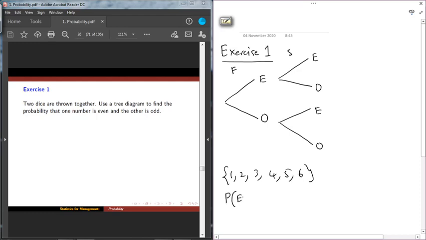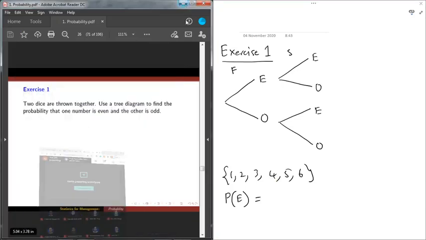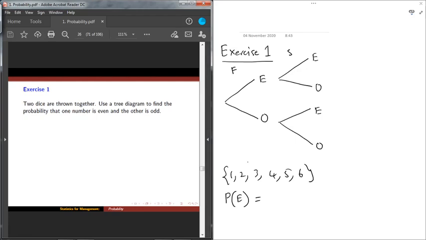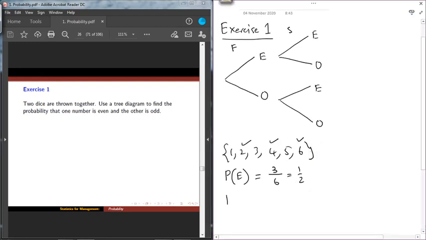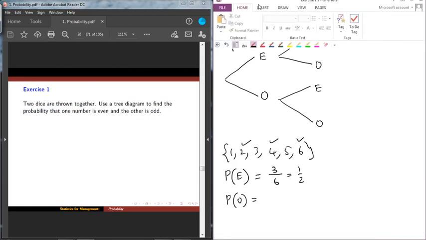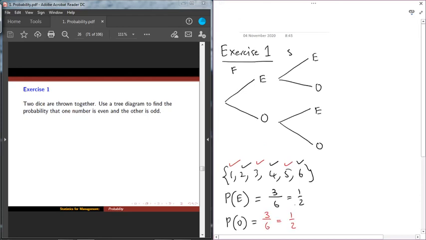The probability of getting an even number: there are 1, 2, 3 even numbers. 3 out of a total of 6 is 1/2. The probability of getting an odd number again is 1/2. So both are 1/2 and 1/2.